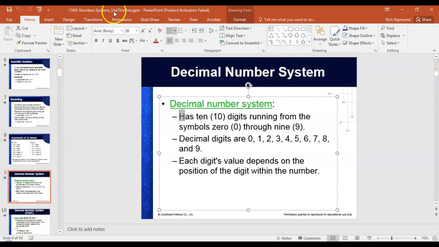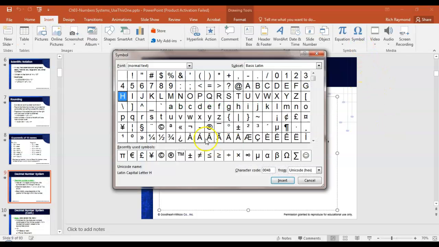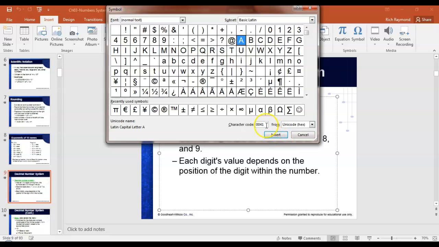Unicode, so if I come over here and say insert symbol, these are the codes. So here's the letter H. Well, here's the letter A. That's good enough. And this is the actual code down here, if y'all can see it. This is a 16-bit code, which gives us 65,536 different character combinations.